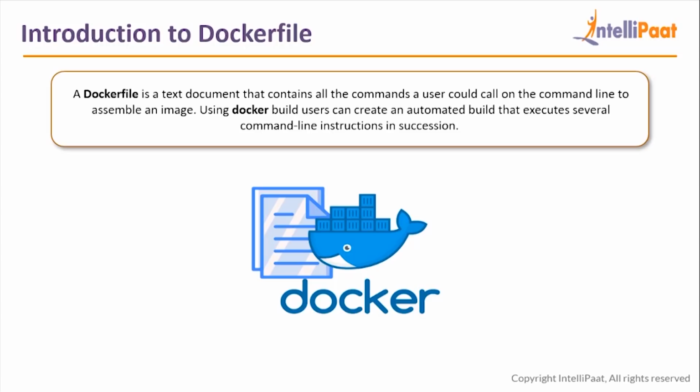A Dockerfile is very easy to write. There are some syntaxes you would have to learn, but they are very easy to learn, and once you learn them, it'll only be the Dockerfile that you would be using rather than doing everything manually. So let's go ahead and see how we can create a Dockerfile.